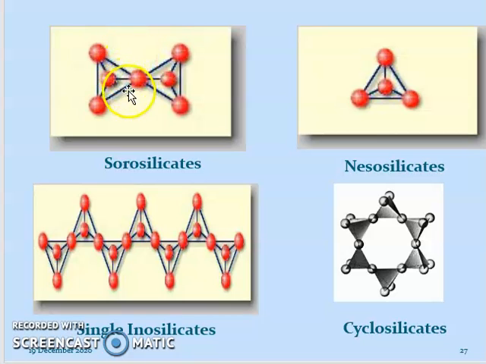If you look at this part, you will find a tetrahedra, but if you look at the other part, you will find another tetrahedra. The oxygen ion is shared here between this tetrahedra and the other one.